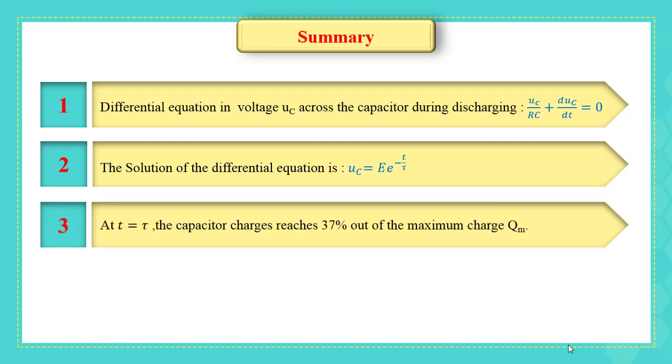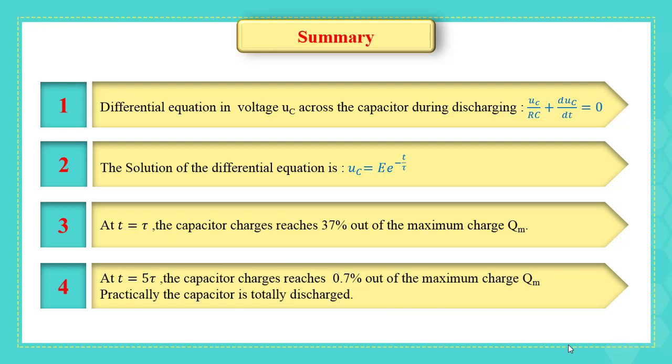During discharging at t equal tau, the capacitor charge reaches 37% of the maximum charge Qm. 4. During discharging at t equal 5 tau, the capacitor charge reaches 0.7% of the maximum charge Qm, and practically the capacitor is totally discharged.